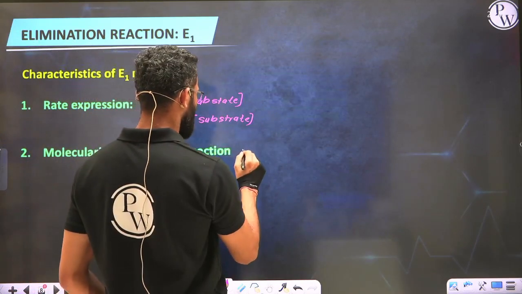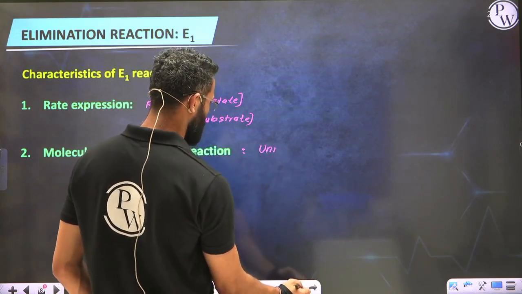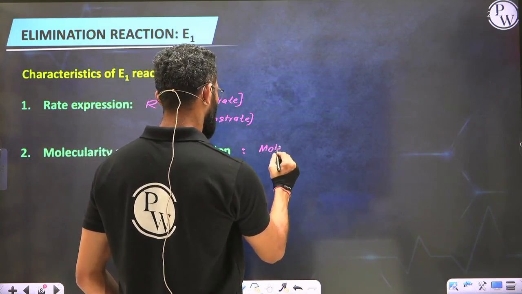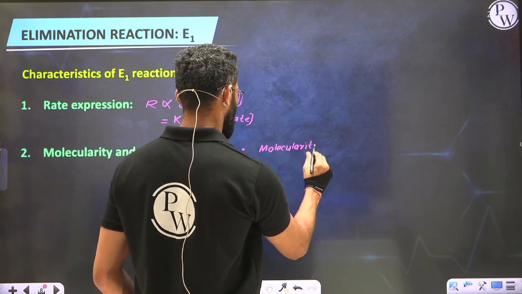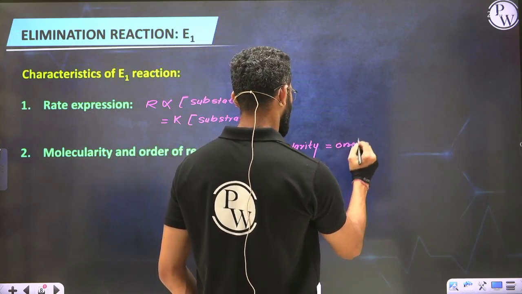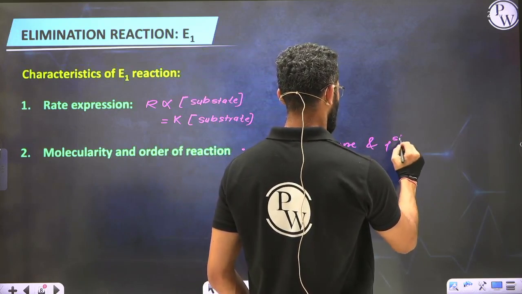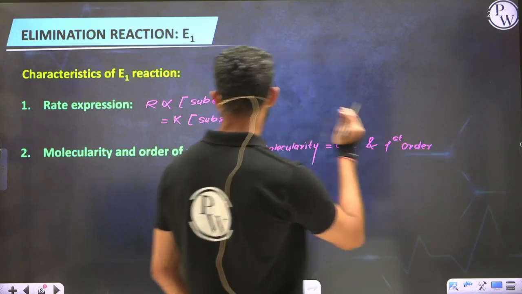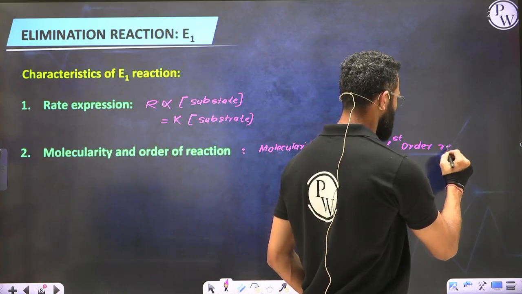So I will say it is unimolecular, or you can say molecularity is 1, and first order. First order with respect to substrate, and overall also it's a first order reaction.